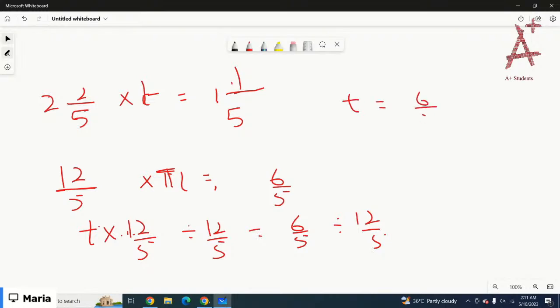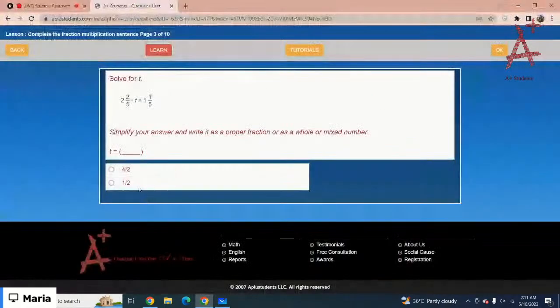And at this side, just convert the division sign to multiplication and reciprocal the term. It would be 5 over 12. The 5 and 5 cancel out, and then you can divide them by the common factor 6. So it would be 6 times 1 is 6 and 6 times 2 is 12. So that means t equals 1 over 2. The correct option is 1 over 2. Got it?